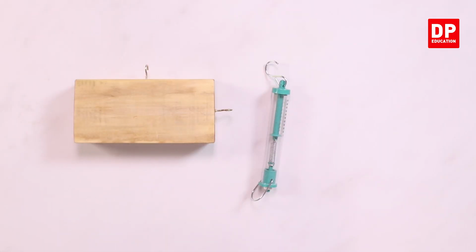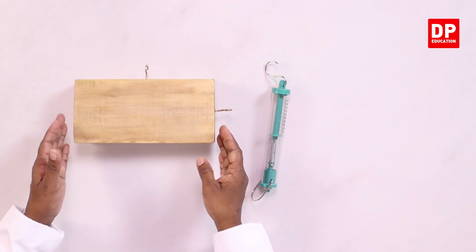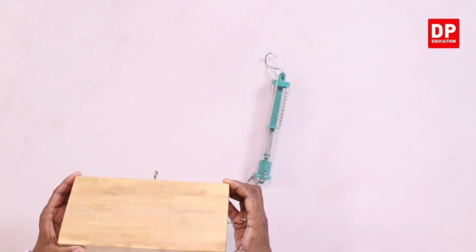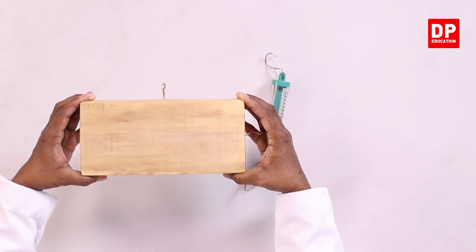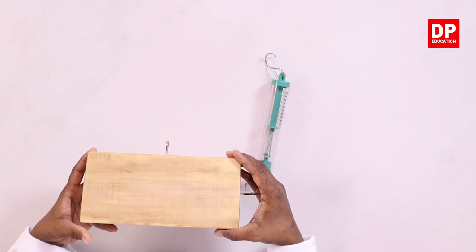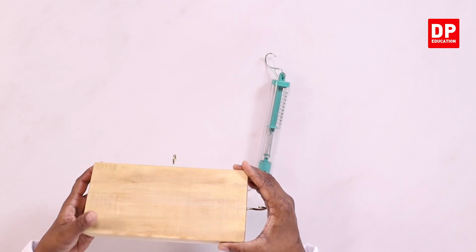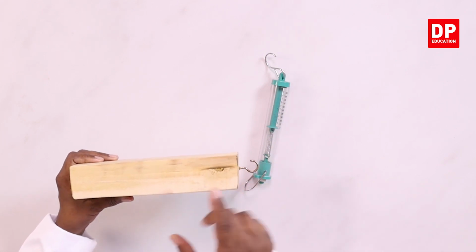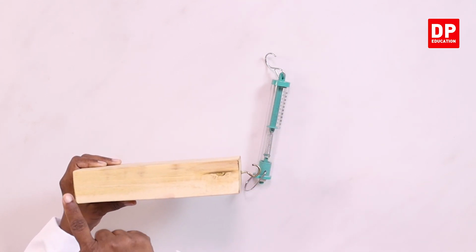So for that, I will need a wooden block like this. This block has different surfaces. As you can see, this is a surface which has a high surface area. You can look at this surface, it's a larger surface area. At the same time, we can use this other surface which has a smaller surface area.